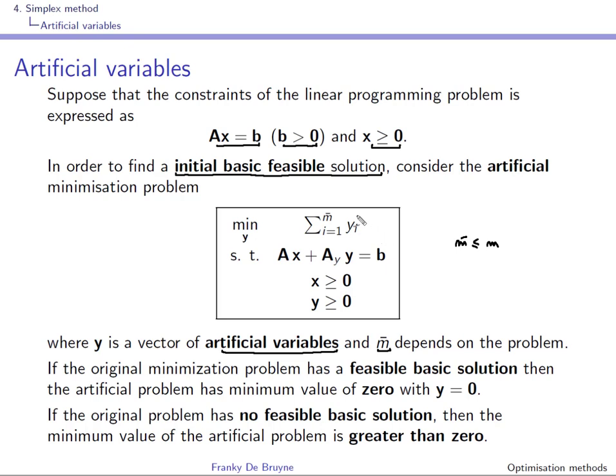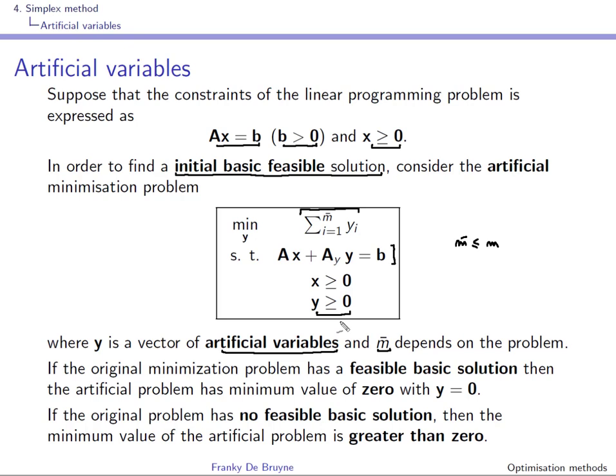In the artificial minimization problem, you'll choose the objective function to be the sum of the artificial variables. And since you're adding artificial variables, the constraints are adapted. The artificial variables are stacked in y, and y is also constrained to be non-negative.